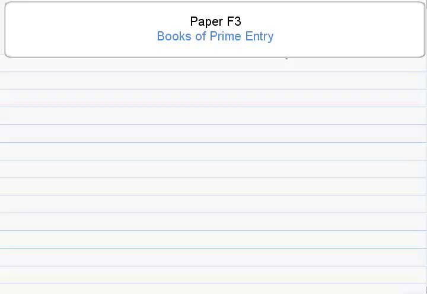And the point about them is this: in all the earlier chapters when we looked at double entry, if I said, for instance, we buy goods on credit for $100, then no problem.